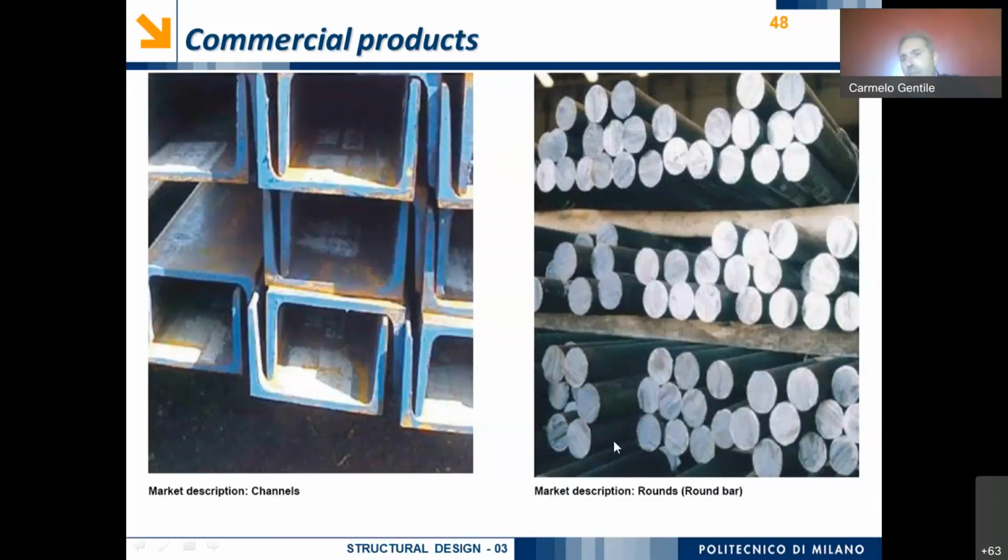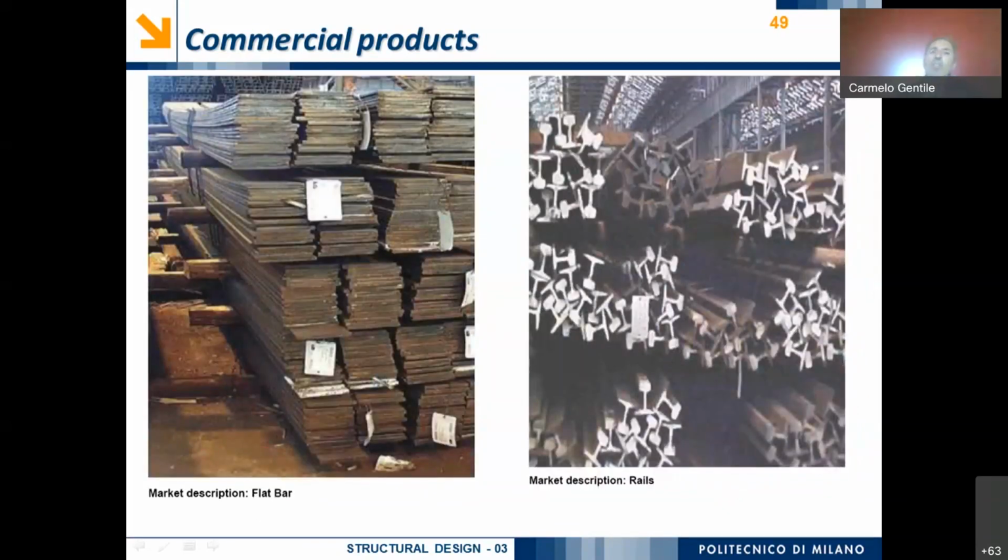Then there is the round bar, which might have a cross section like this, but also different types of cross section. Afterwards, it is possible to have in the industrial production the rail cross section, very similar to the one used in rails in railways.